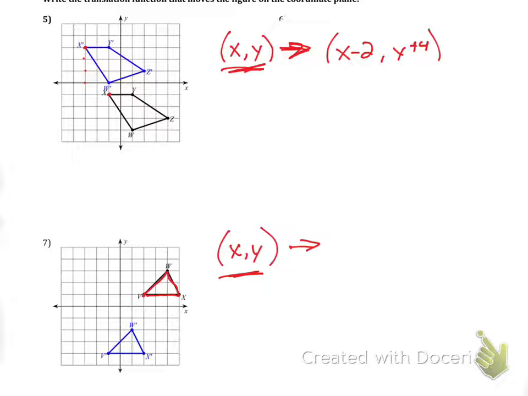On the x-axis it goes -1, -2, -3. So I'd do x minus 3. And then on the y-axis, it says go down, so gotta go down 1, 2, 3, 4, 5. So that'd be y minus 5 because I'm going down.